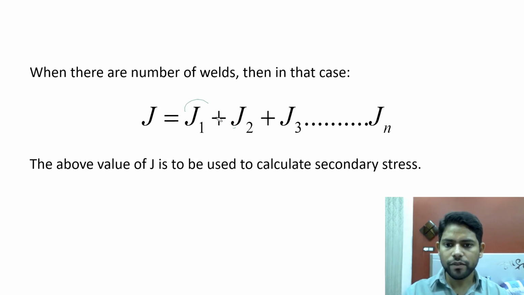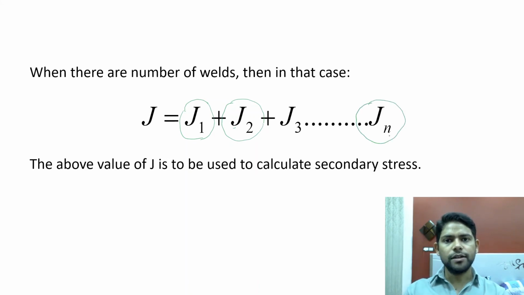This is the polar moment of inertia of the first weld about the point G. This is the polar moment of inertia of the second weld about the point G, and this is the polar moment of inertia of the nth weld about the center of gravity of all the welds. And in order to get the total polar moment of inertia, you are going to sum it up. That's how you are going to design a weld which is eccentrically loaded. Basically what we have done is transformed the forces acting at some eccentricity e to the center of gravity.